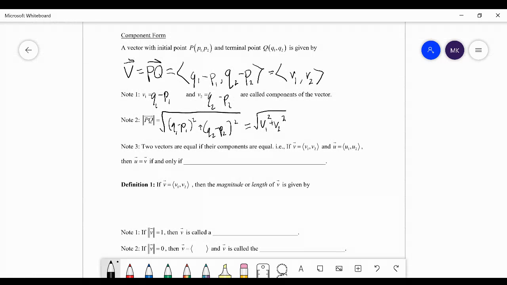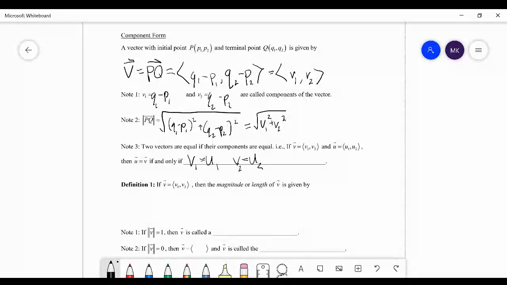Another quick note. So we say two vectors are equal if their components are equal, right? So if the vector v, which is ⟨v1, v2⟩, and u, which is ⟨u1, u2⟩, are equal, then we have very simply that v1 must equal u1 and v2 must equal u2.